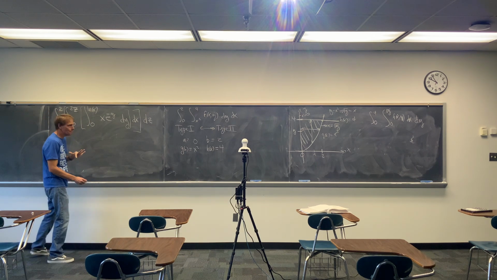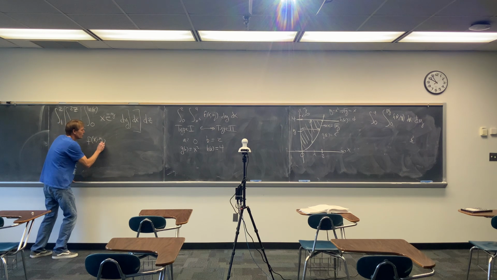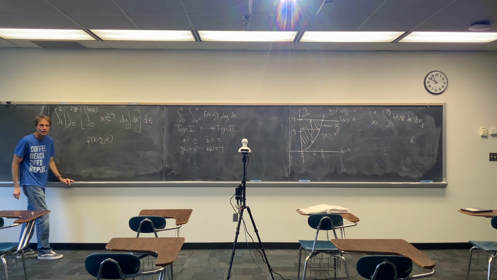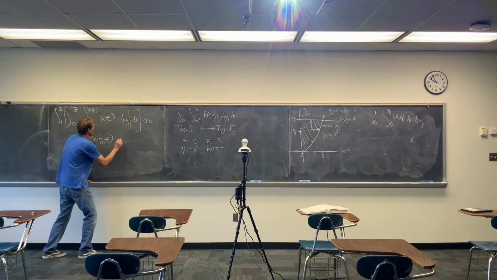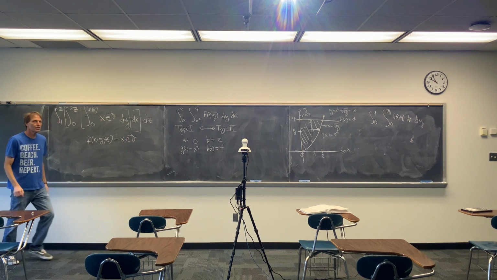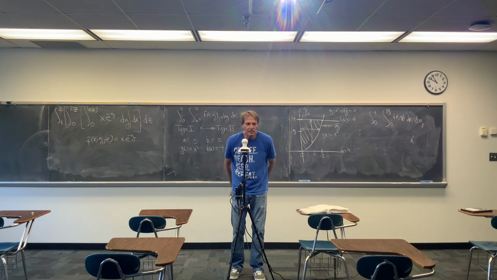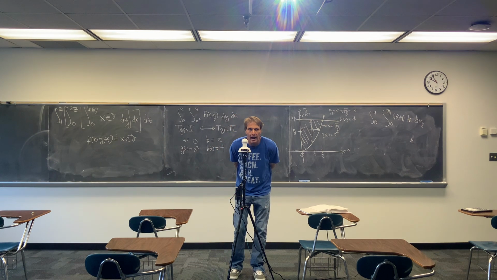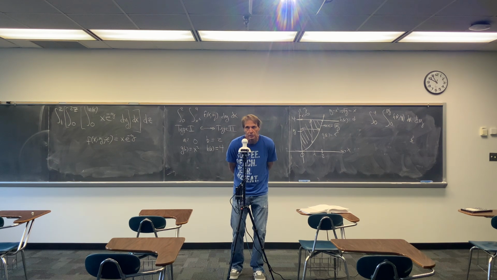And here's the fun part. Your surface is 4-dimensional. It's a function of x, y, and z. And this is why I don't spend much time in Calc 2 on 3-dimensional functions.